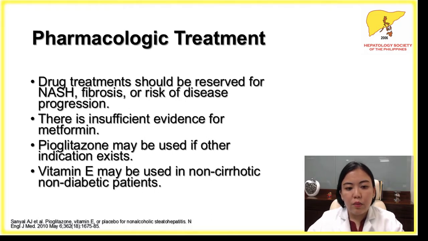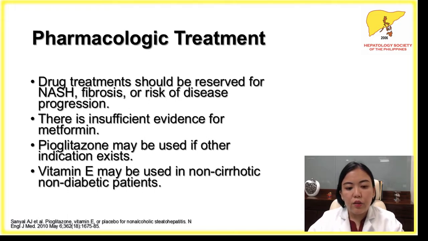Pioglitazone, a PPAR-gamma agonist with insulin-sensitizing effects, may be used in patients with type 2 diabetes. Pioglitazone has been shown to produce histological improvement and normalization of ALT in non-diabetic patients. However, in the absence of diabetes, the side effect profile of pioglitazone becomes a concern.